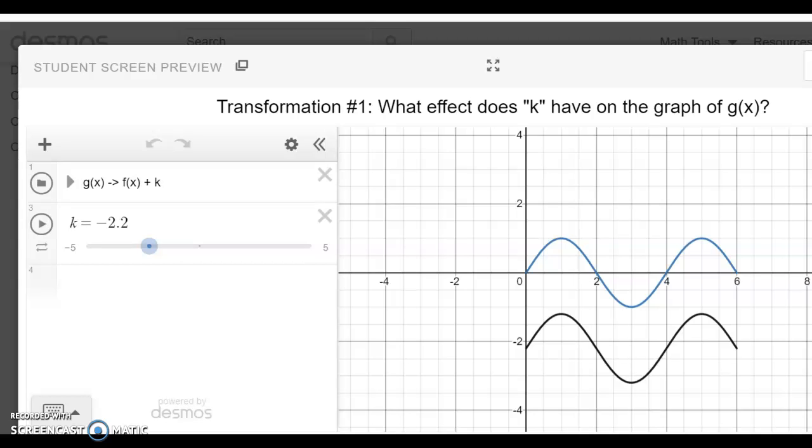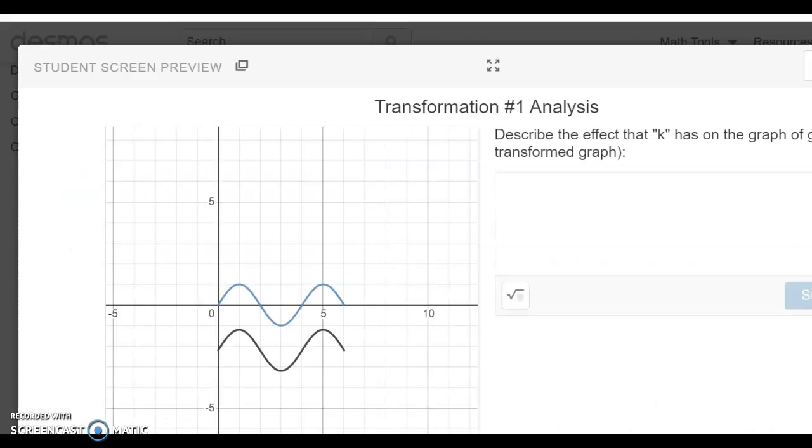On Friday during class, you all completed a Desmos investigation into transformations of functions. What you saw was that you had some function f of x, which was this blue function on your screen, and there was some transformation happening to it. In this case, we had some number being added onto our function.